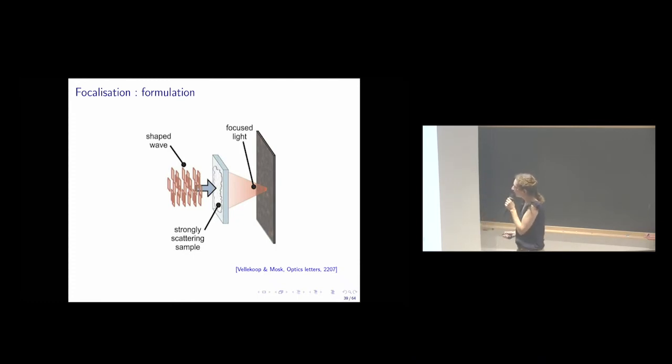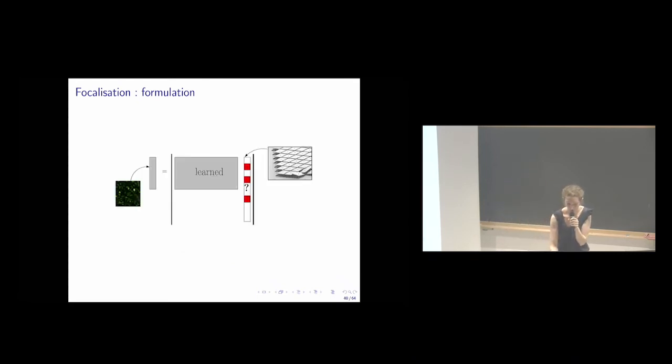So the idea is that I want some configuration of my speckle, the observation Y, and I want to deduce the configuration of the DMD that I need to get this particular speckle.